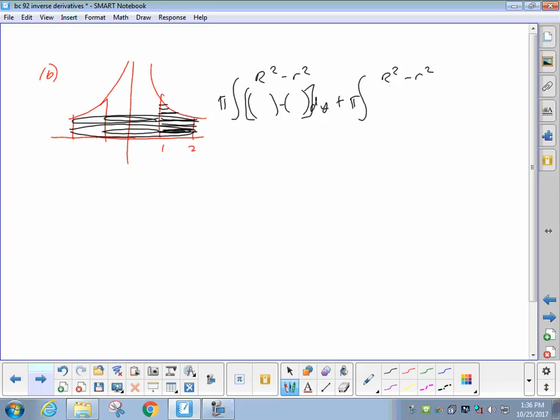What is the outer R and inner r in the lower section? Big R is 2 squared minus 1 squared. Okay, from 0 to this point, what is that point? Is that x equals 2, or is that 2?